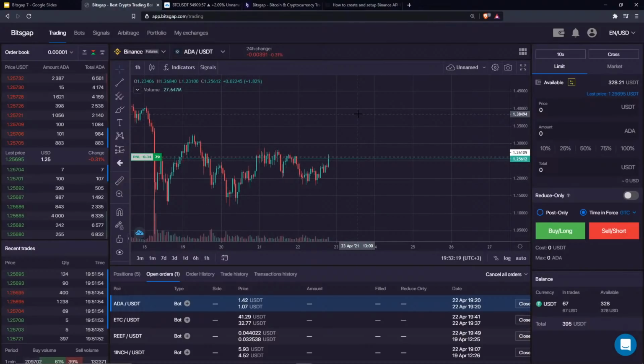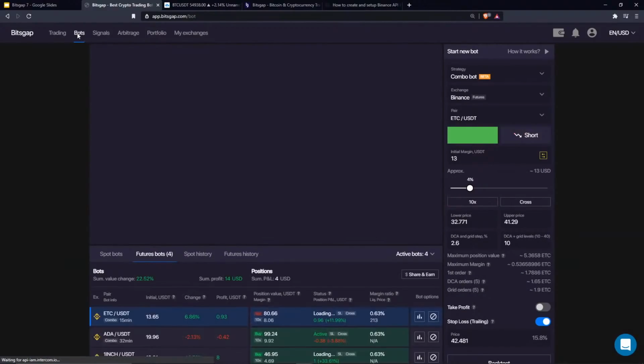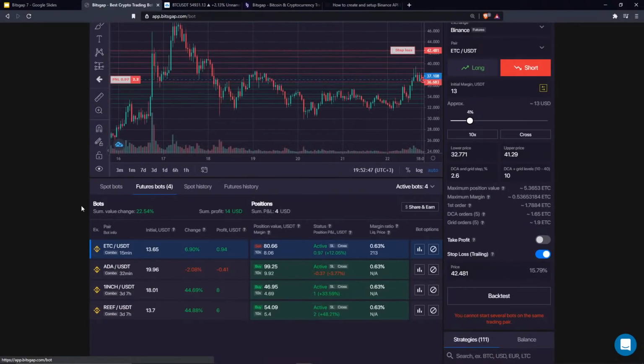So don't do that, to avoid this conflict. If you trade Cardano and USDT, if you have this active bot already, then do not interrupt it. Do not create the conflict by opening another manual trade on your futures account. So that's the alert for you guys.